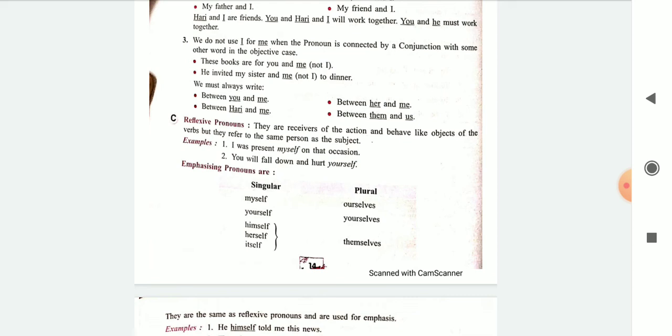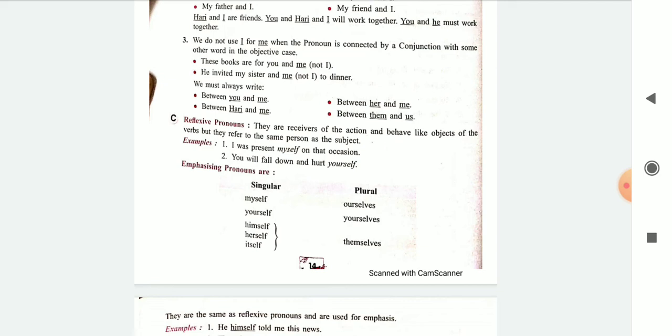The second sentence that I gave you is emphasizing. What do we mean by emphasizing? We are putting a lot of pressure that I have myself done that work. He himself. We are emphasizing the situation. We are putting pressure on the situation. So that is called emphasizing pronoun. The word remains the same, only the placement differs.